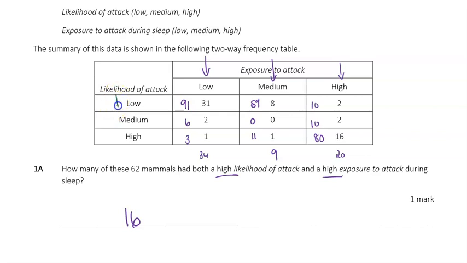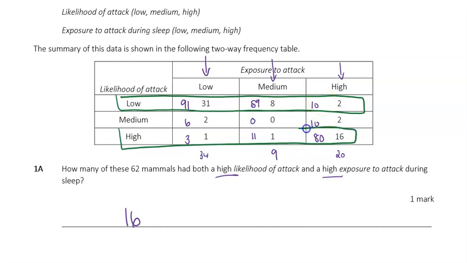So we could either pick low, where we are seeing a small drop from the low to medium, but then a significant drop in the percentage when we get to high. Or we might pick the high row here, where we can see we're going from 3% up to 11 and then up significantly to 80%. So picking one of those rows to justify your statement.